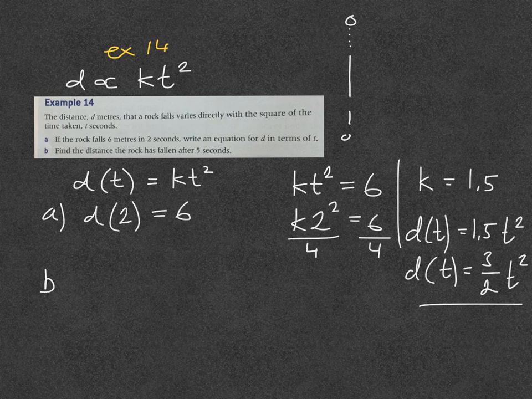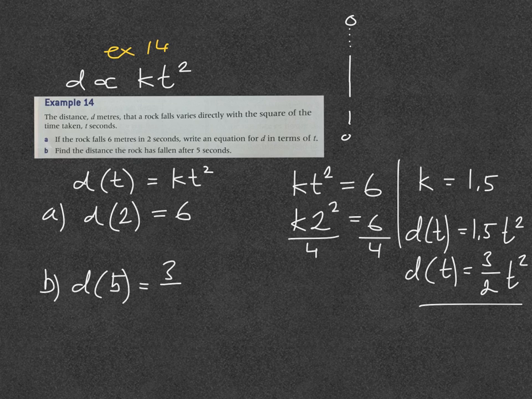Now, question B. Find the distance the rock has fallen after 5 seconds. And now we can use the equation we found and say, okay, so the rock is falling for 5 seconds. What is the distance going to be?